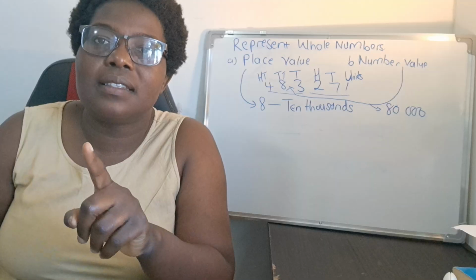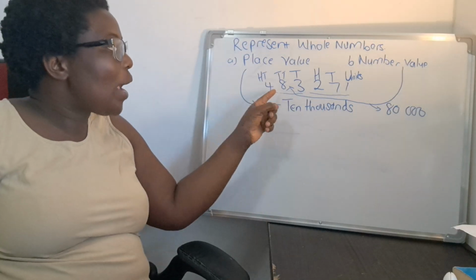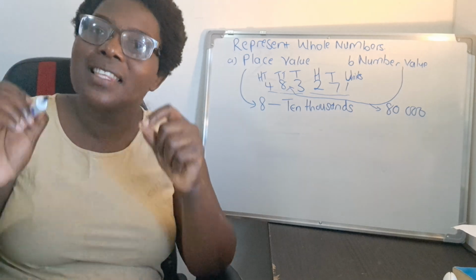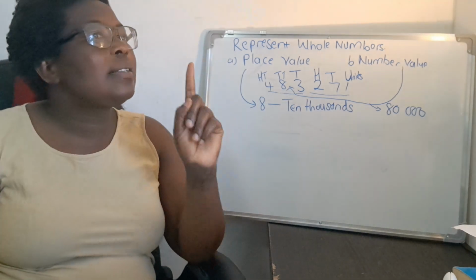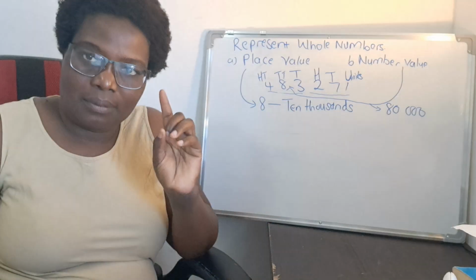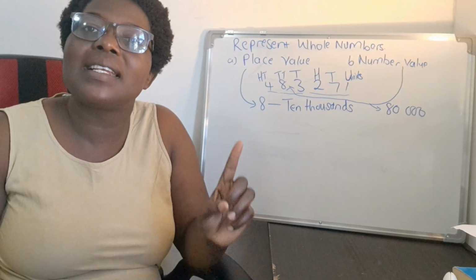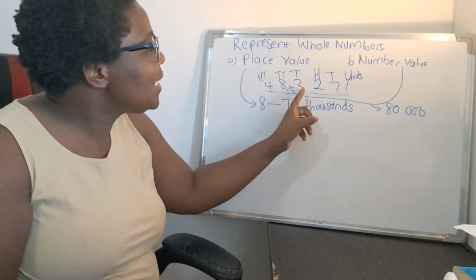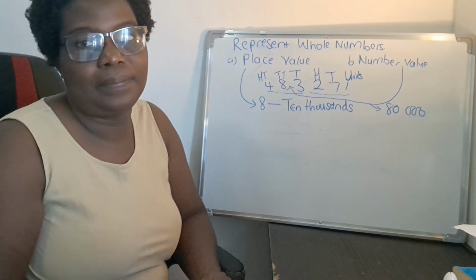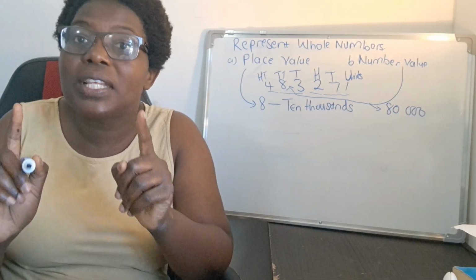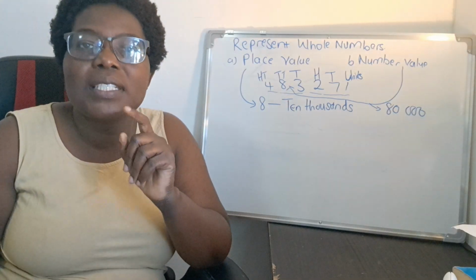The difference is we need a place where 8 stands. It stands on the 10,000s. But when we say what is the number value represented by 8 in our question, it is 80,000. You don't write 83,000 because we're not asking about 3. We're only asking about 8.